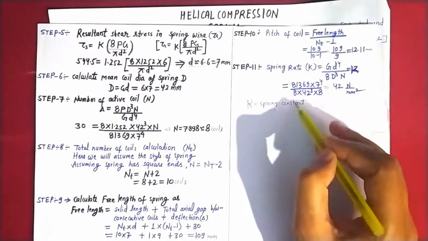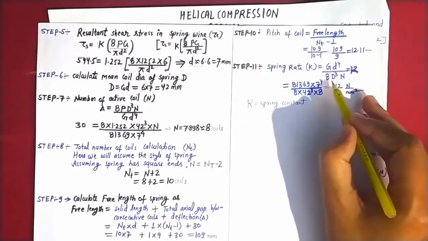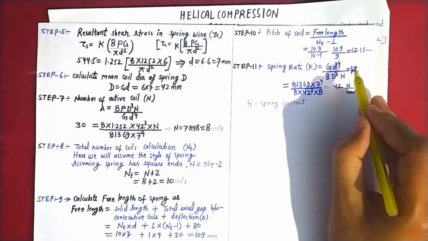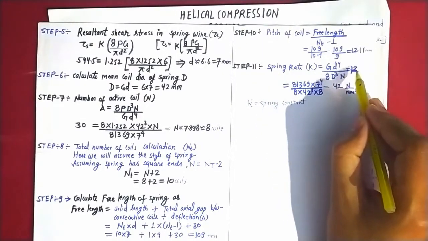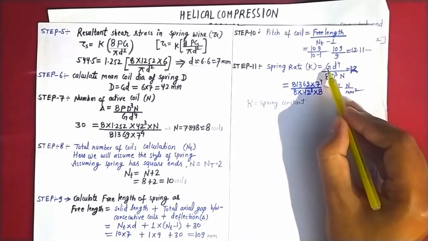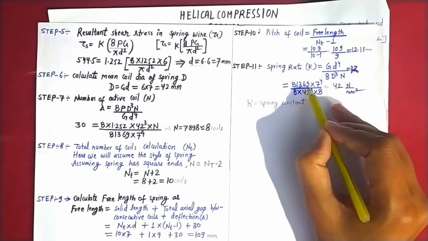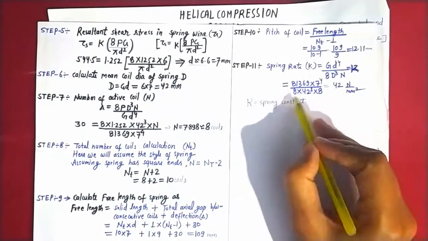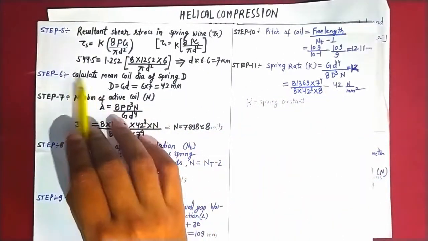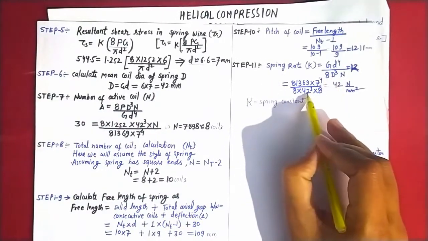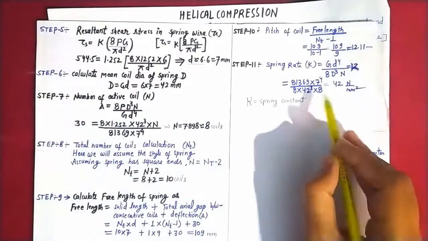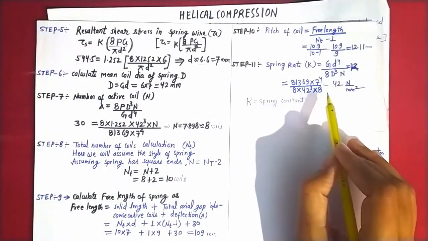The spring rate we can calculate using the formula K equals G d to the power 4 over 8 D cube N, where K denotes the spring rate. G is given to us in the question as 81369, and d we have calculated in step number 5 as 7, and D we have calculated in step number 6 as 42, and N we have already calculated in step number 7. So we can calculate the value of the spring rate.